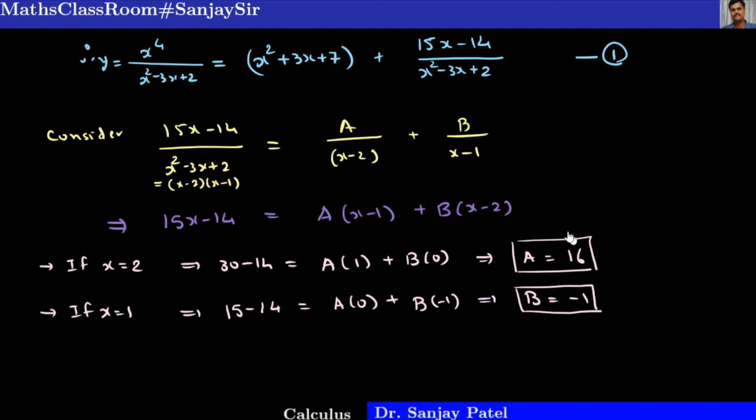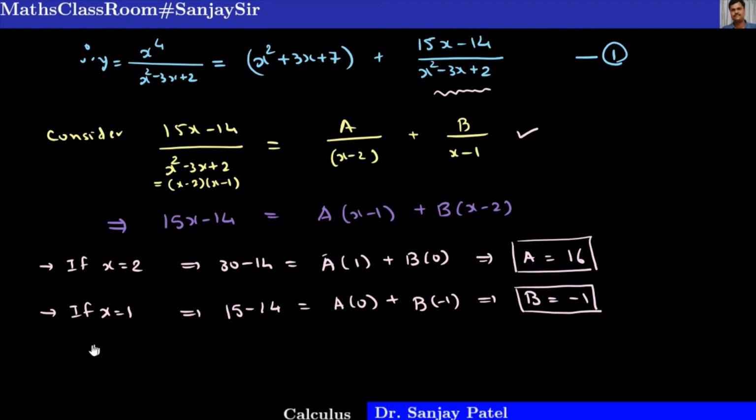Now substituting these values of a and b in this expression, finally we replace this term here by a upon x minus 2 plus b upon x minus 1. So what I get here is this thing.